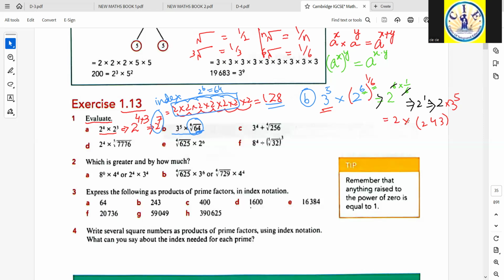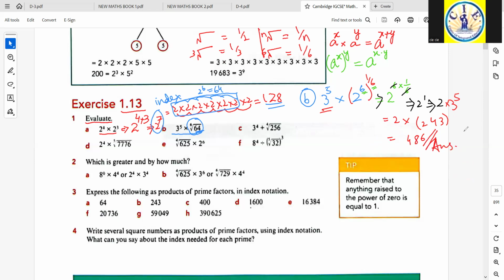Because when you multiply 3 with itself 5 times, what would you get? Let me show you. 3 threes are 9, 3 threes are 9, and 9 nines are 81. 81 times 3. 3 ones are 3, 3 eights are 24. So this is how you get 243. So you multiply 243 by 2 to get the final answer, which is 486. That's the final answer.